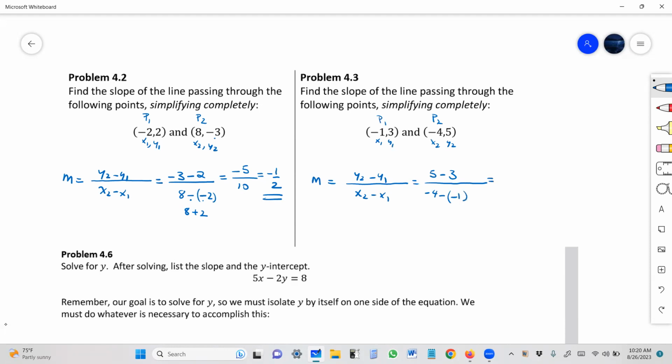All right, so be very careful with these double minuses. So 5 minus 3, 2. -4 minus -1 is -4 plus 1, which is -3.